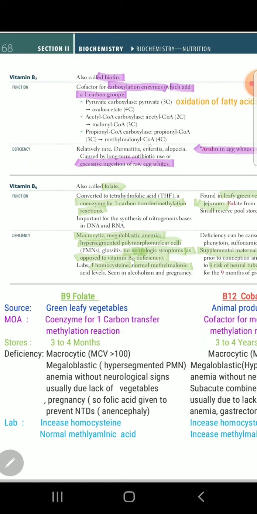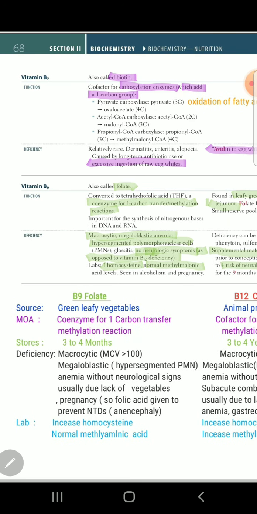Fatty acid chains are formed by adding these carbons, and the vitamin related to oxidation of fatty acids is B7. So a lipid diet should be taken along too, because its demand is increased along with B7. B7 should be taken if a lipid diet is taken. Otherwise, B7 deficiency will be there.